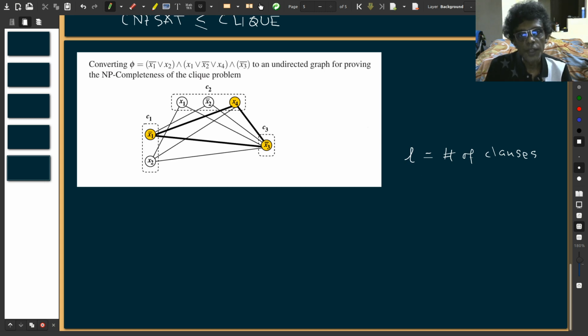So now I have to show that this graph has an L clique if and only if phi is satisfiable. So start with this, phi is satisfiable.